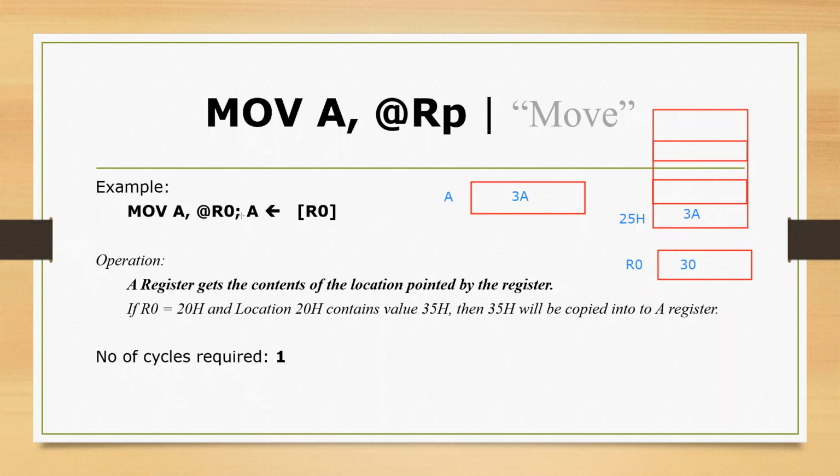R0 is used as the register pointer. We can use only 2 registers as register pointers: R0 or R1 can be used as a register pointer in the 8051. No other register can be used in indirect addressing mode. Here the content of register R0 is 30. This points to the memory location 30 hex.